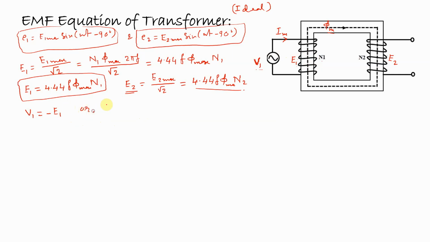Or we can write the instantaneous value of the supply voltage will be equal to the instantaneous value of the induced EMF with negative sign. Here the negative sign indicates it is in the opposite direction. So at each and every instant, the induced EMF in the primary will oppose the supply voltage.